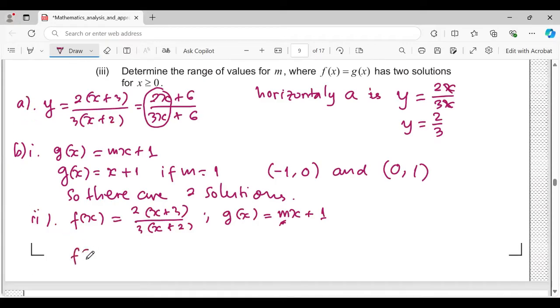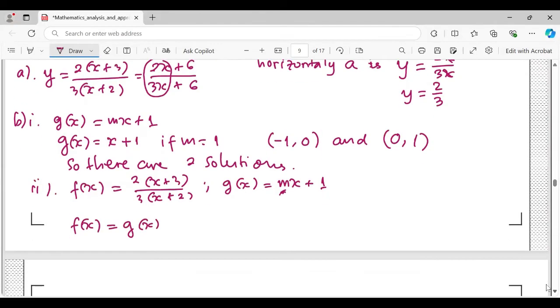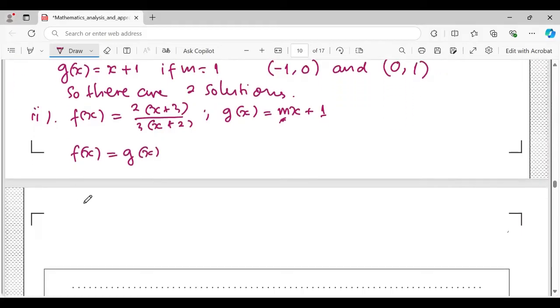Okay, if f(x) equals g(x), it becomes (2x plus 6) over (3x plus 6) equals mx plus 1.